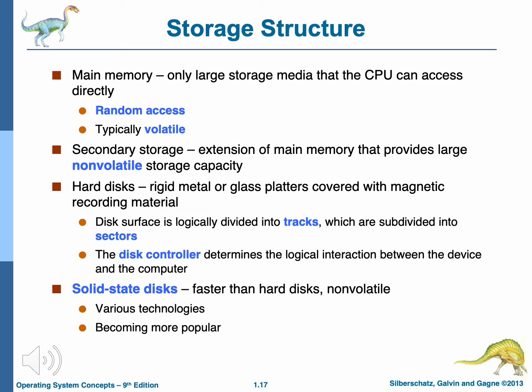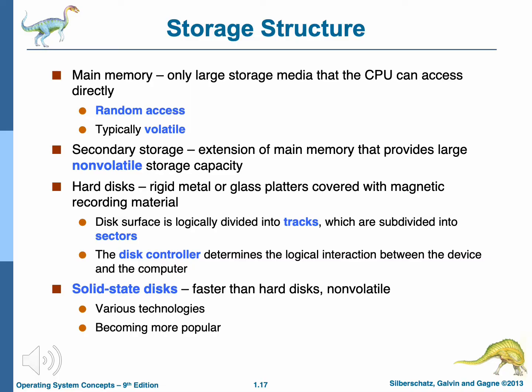Thus, most computer systems provide secondary storage as an extension of main memory. The main requirement of secondary storage is that it be able to hold large quantities of data permanently. The most common secondary storage device is a magnetic disk, which provides storage for both programs and data.